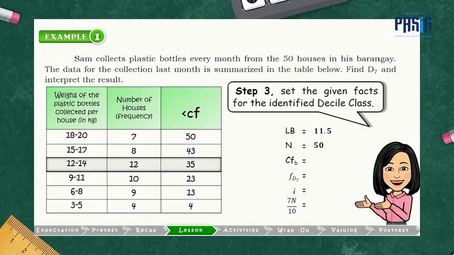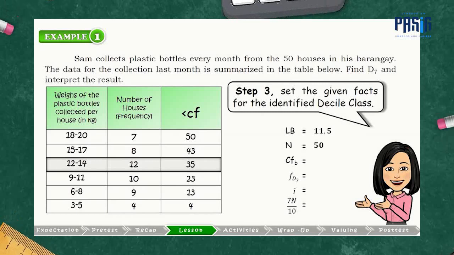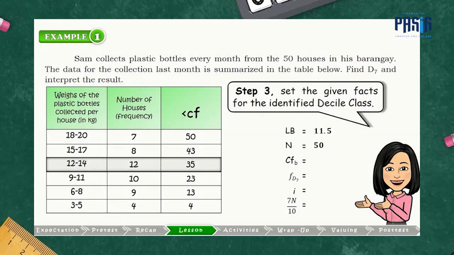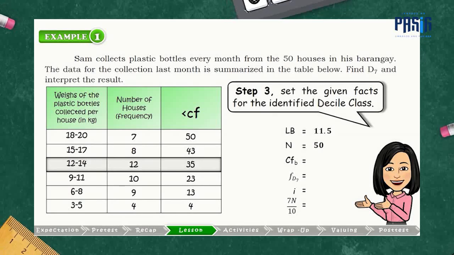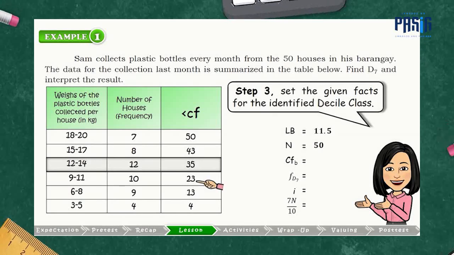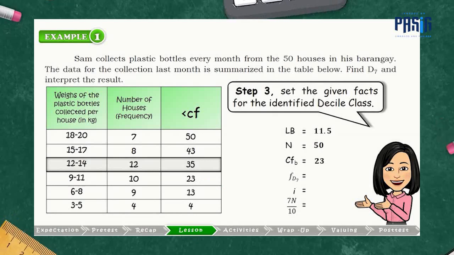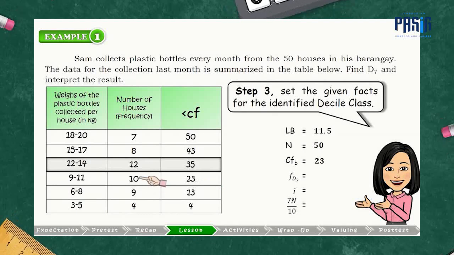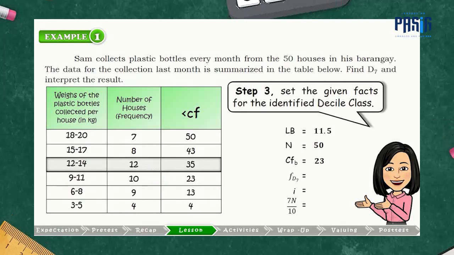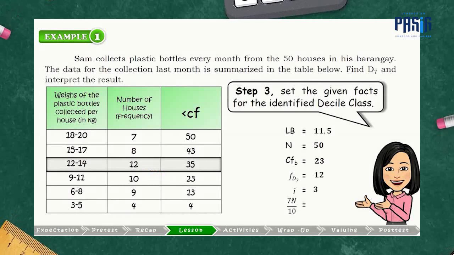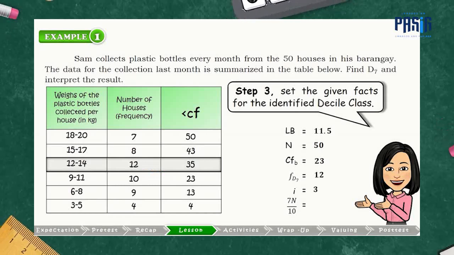Now, what is the cumulative frequency before the D sub 7 class? Correct, it's 23. How about the frequency of the D7 class? Yes, it's 12. And the size of the class interval is 3. And our kn over 10, or the position of D sub 7, is 35.